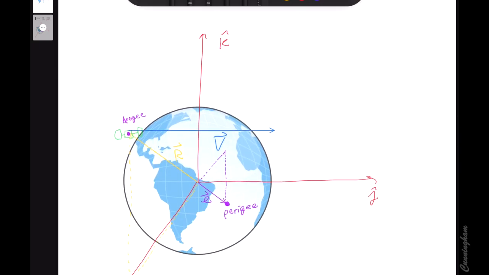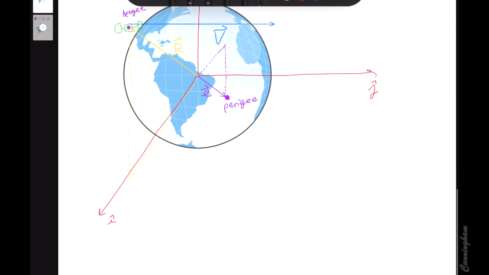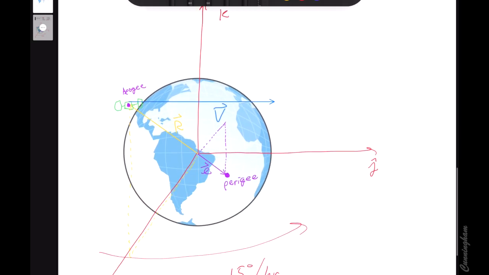Prograde. Okay. Now, the Earth rotates to the east at 15 degrees per hour. This will come in handy in a later lesson. But what we can tell is that our v vector, basically if I transport it down here, shares that same eastward direction as the Earth.